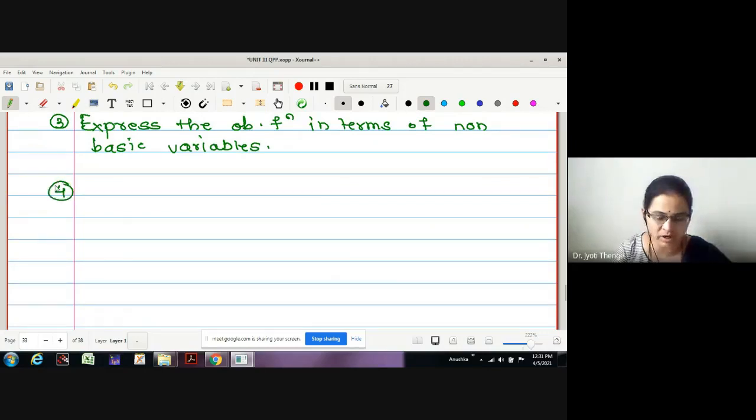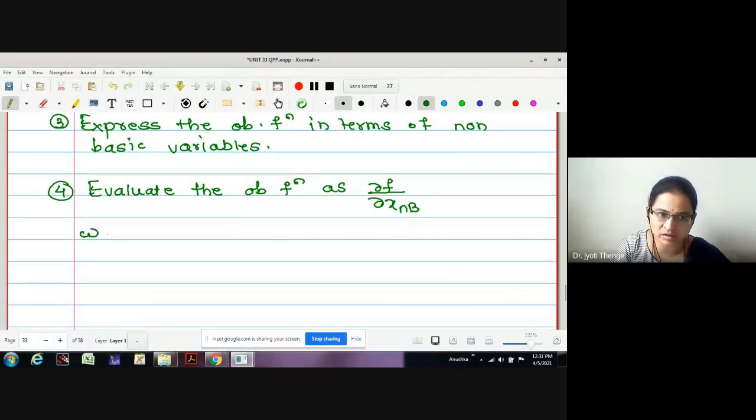Next step, as I told you, we will evaluate the partial derivatives of the objective function with respect to the non-basic variables, ∂f/∂x_nb, where x_nb consists of non-basic variables.